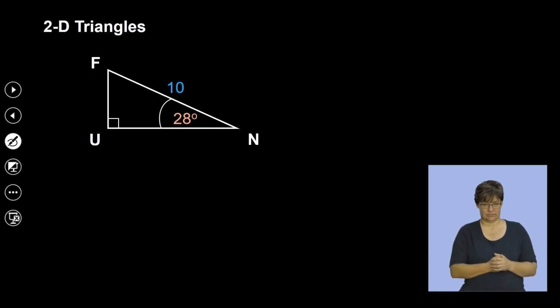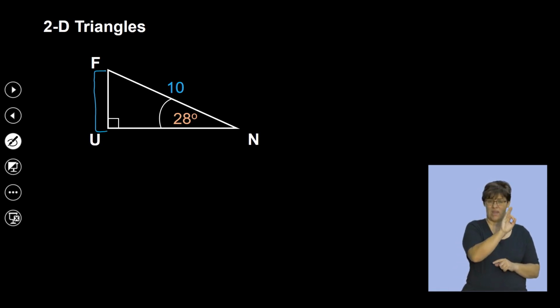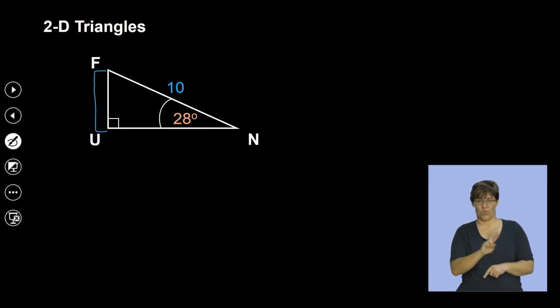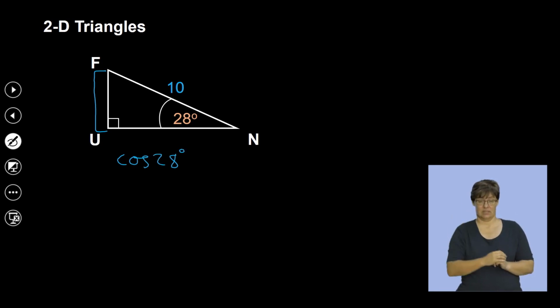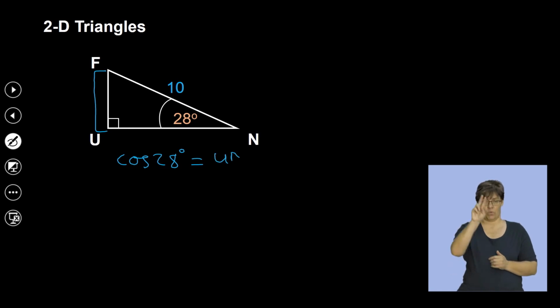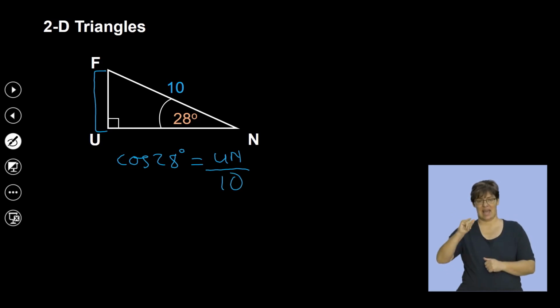So let's try and solve that. If I am trying to find UN, remember in our previous segment, we actually found UF. Now we're trying to find UN. So this will be cos of 28 degrees equals my UN, which is the adjacent, over 10, which is the hypotenuse side.